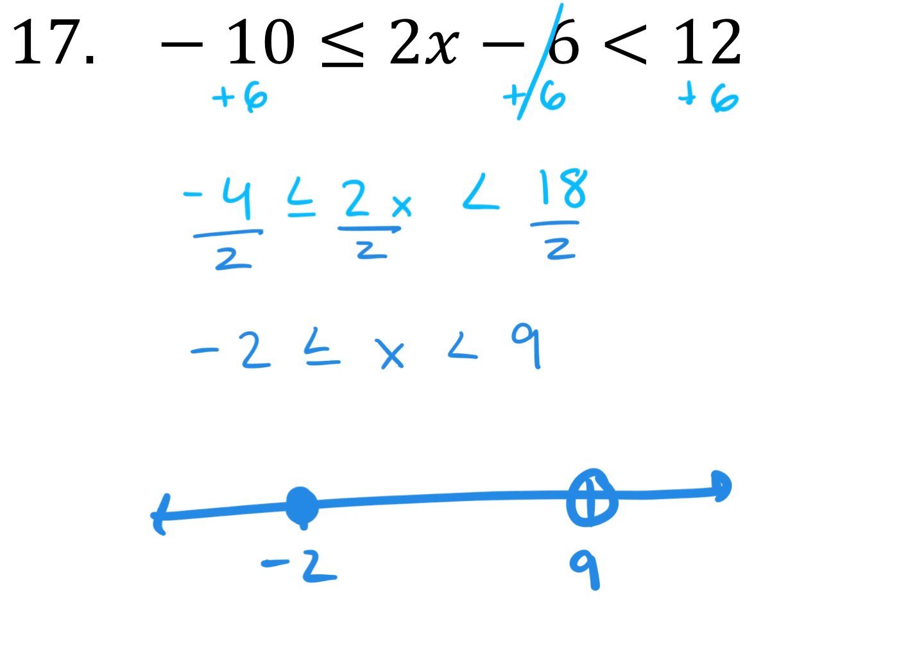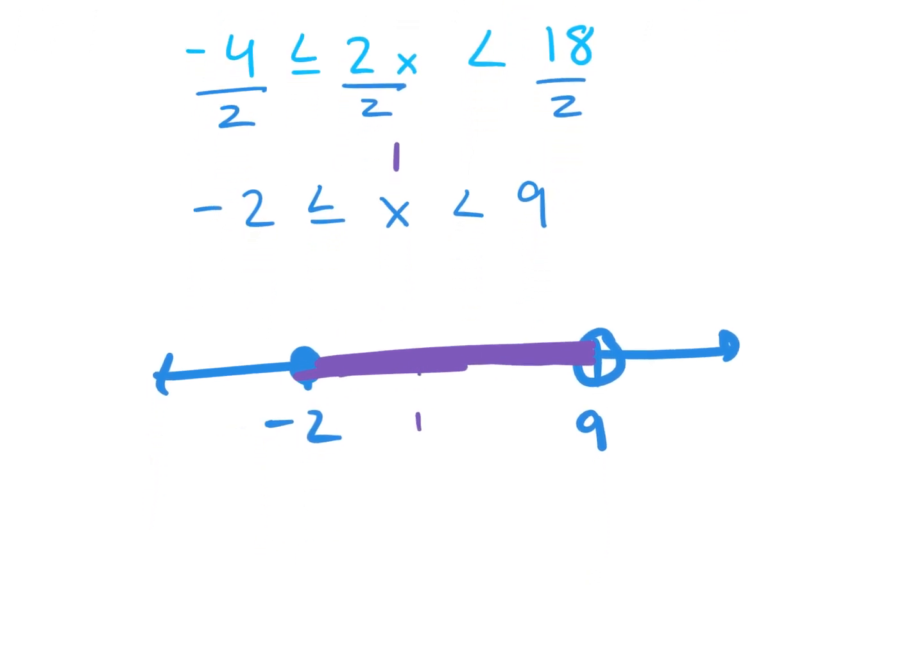What's a number in between negative 2 and 9? 1, sure. Is negative 2 less than or equal to 1? Does that make sense? Yeah. Is 1 less than 9? Yeah. So where do you think I'm going to highlight? Inside. Since 1 was inside, and it's true, we color in between our 2 points.